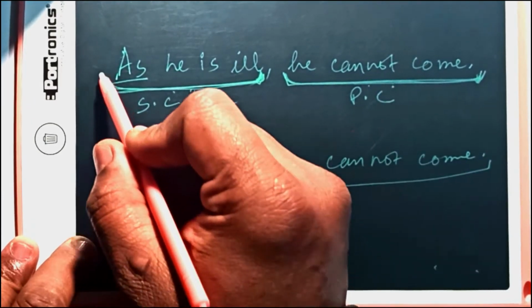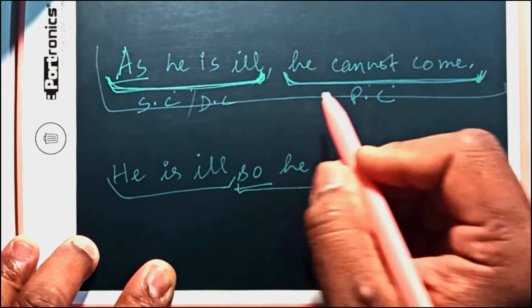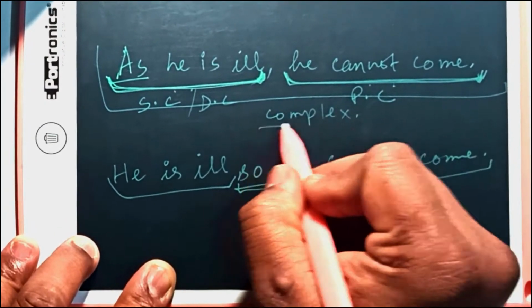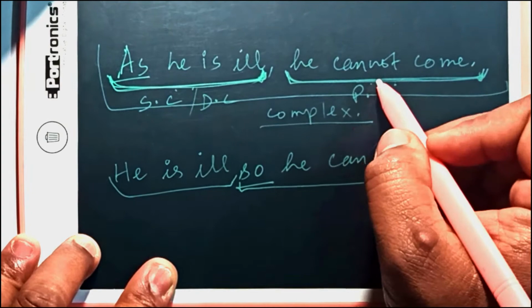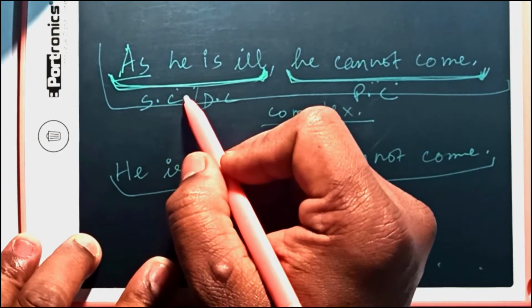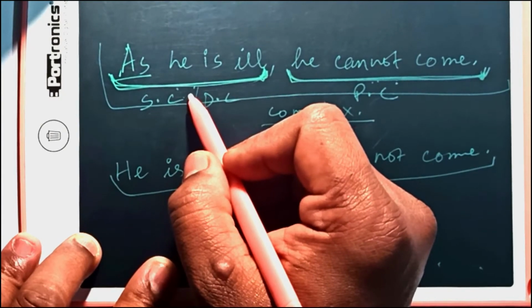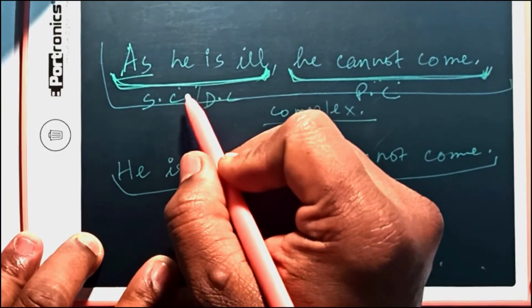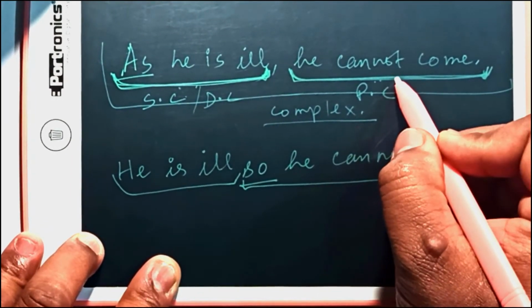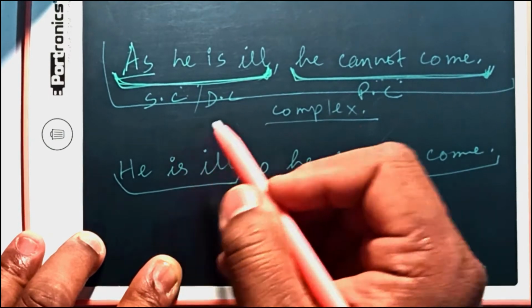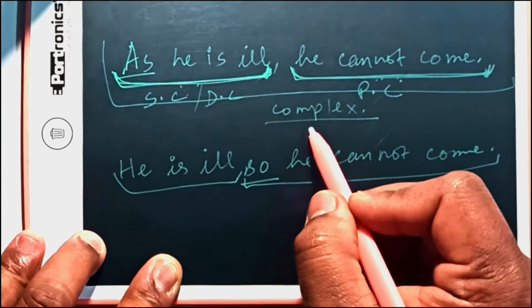So, now together, this sentence makes a complex sentence because we have one principal clause with a subordinate clause. We may have one or more subordinate clauses. Doesn't matter how many, but we must have one principal clause with some subordinate clause or clauses. So that will make the sentence complex.